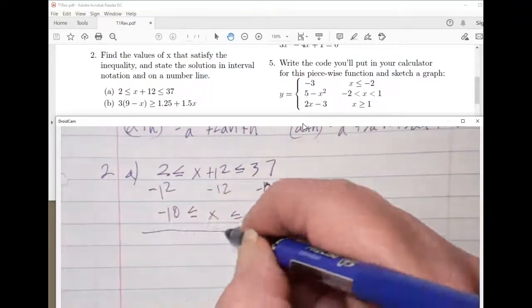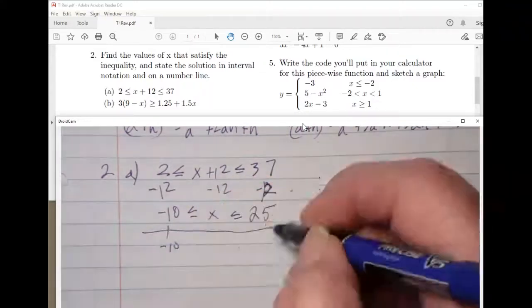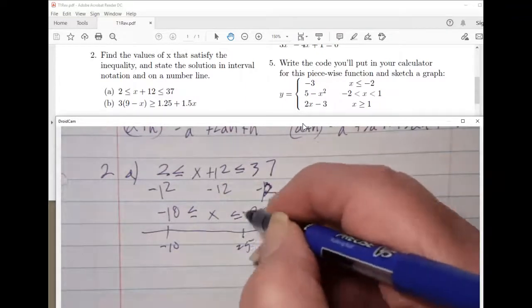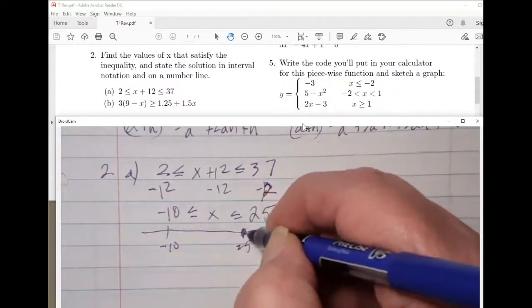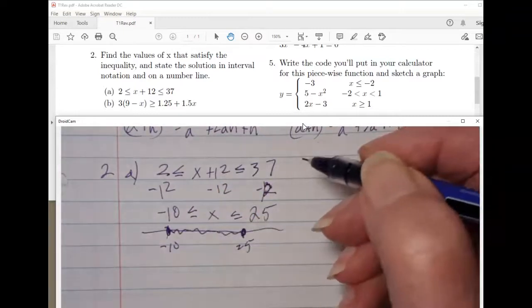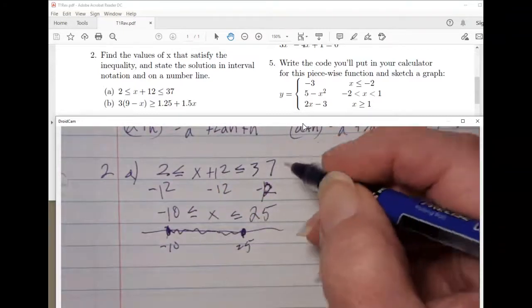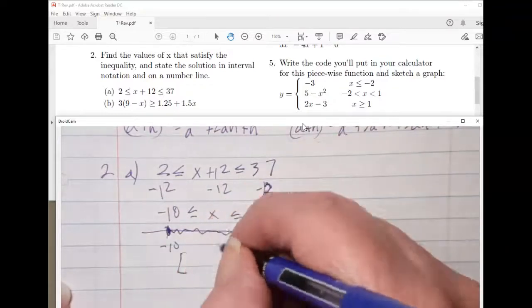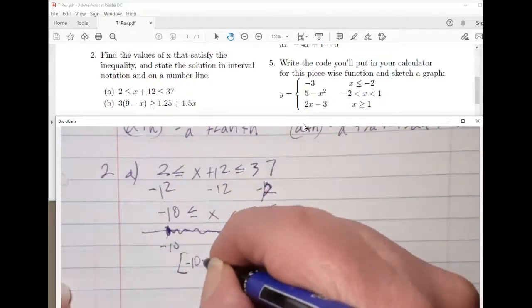Now on a number line, this is just negative 10 to 25. These are closed circles because there's an equals. And we also want to state the interval notation. Closed circles means brackets, negative 10 to 25.